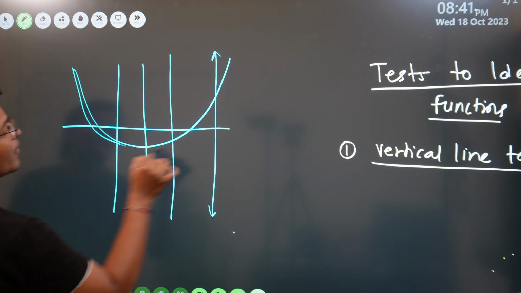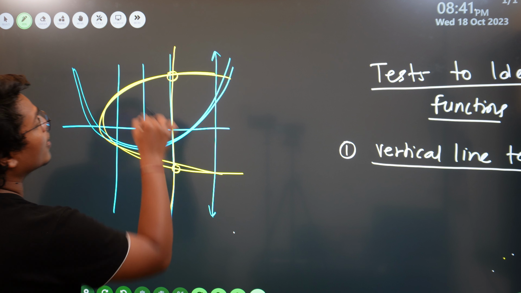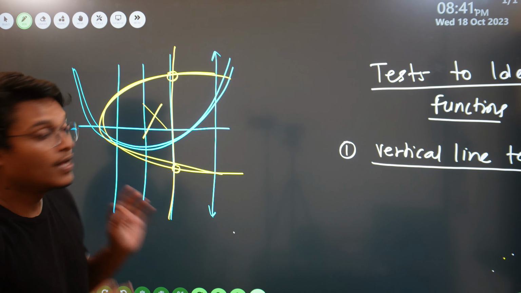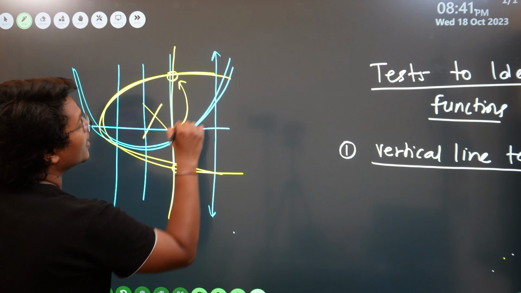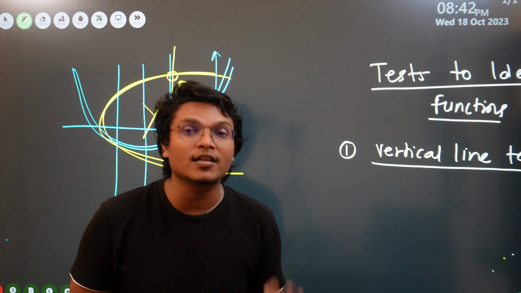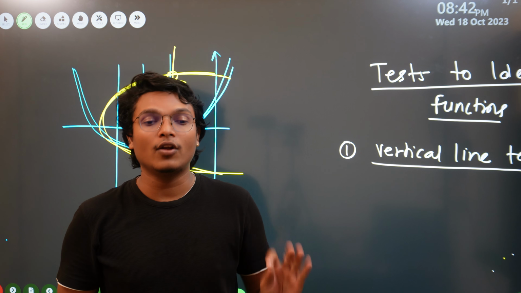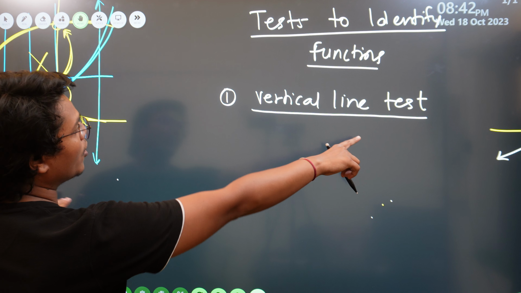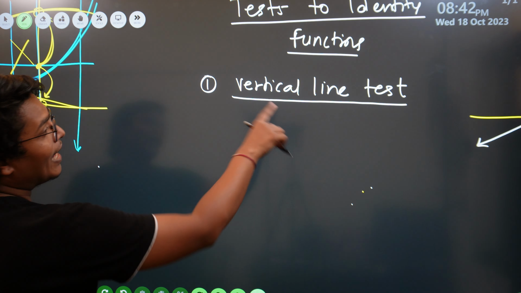So this is not a function. For a single input, I am having two outputs, which is not possible in a function. So for anything to become a function, it must pass the vertical line test.